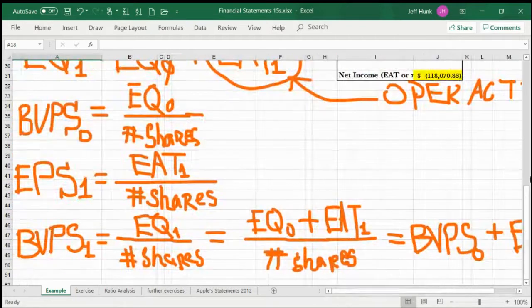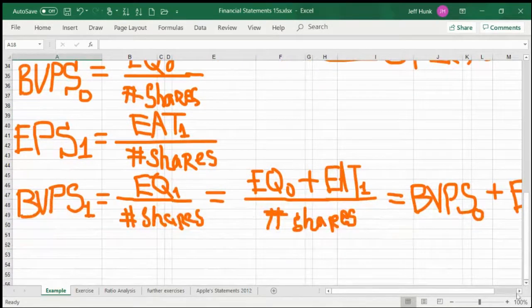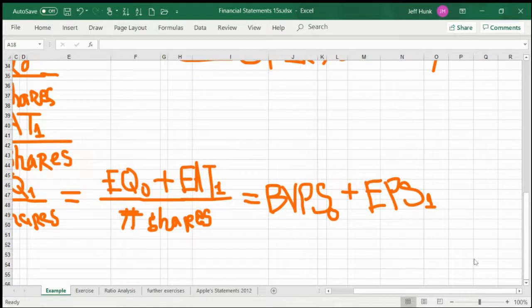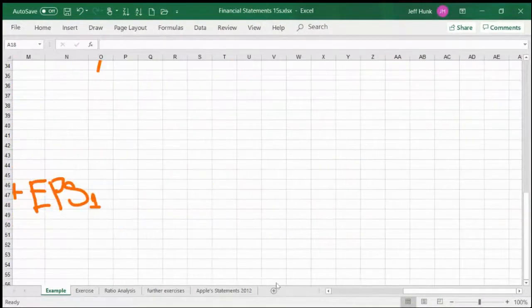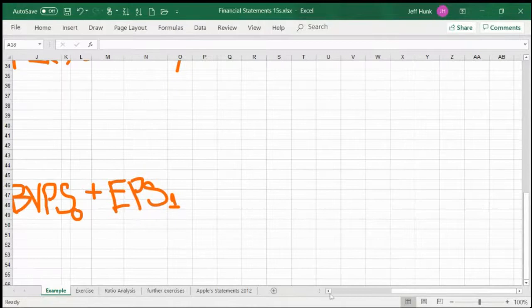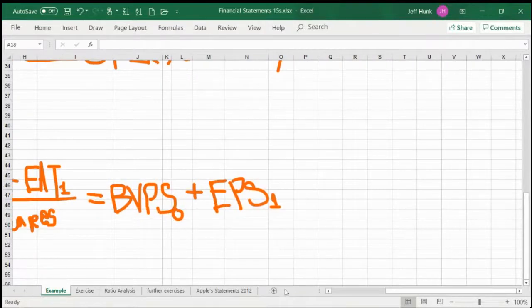It's profit per share. So in other words, book value at time 1 will reflect exactly the profit. And that's why I said, if you want to cash out your profit, all you need to do is sell your stocks, because your stocks will reflect it.